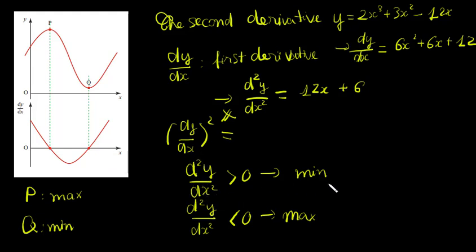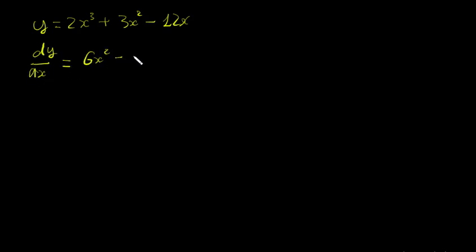Remember this rule? We can use it to determine whether a point is a maximum point or a minimum point. Now we will work with the example from the previous section, y equals 2x cubed plus 3x squared minus 12x. Now we have dy over dx equals 6x squared plus 6x minus 12. To find the stationary points, we equate this to 0.